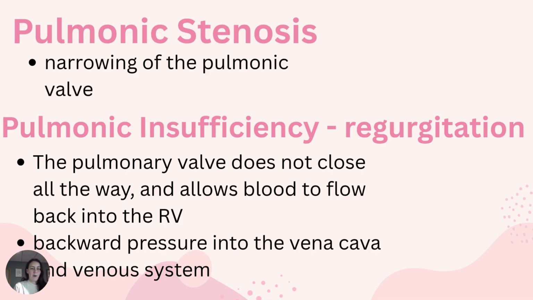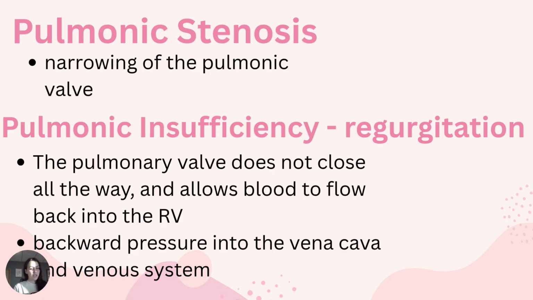And then pulmonic insufficiency, or regurgitation. The pulmonary valve does not close all the way. It allows blood to flow back into the right ventricle, with backwards pressure into the vena cava and venous system. The symptoms are going to be similar to right-sided heart failure, because it's the same side of your heart, and it's going to eventually probably cause right-sided heart failure.